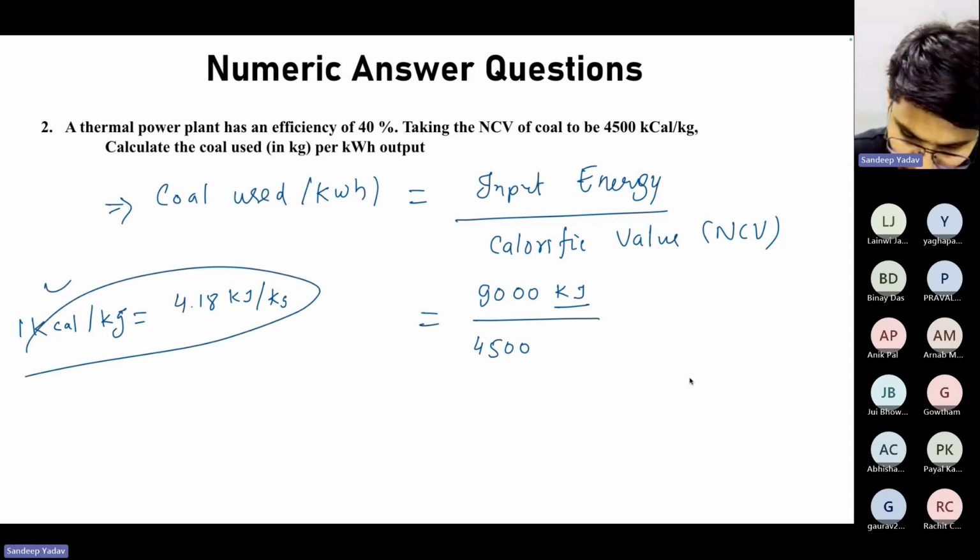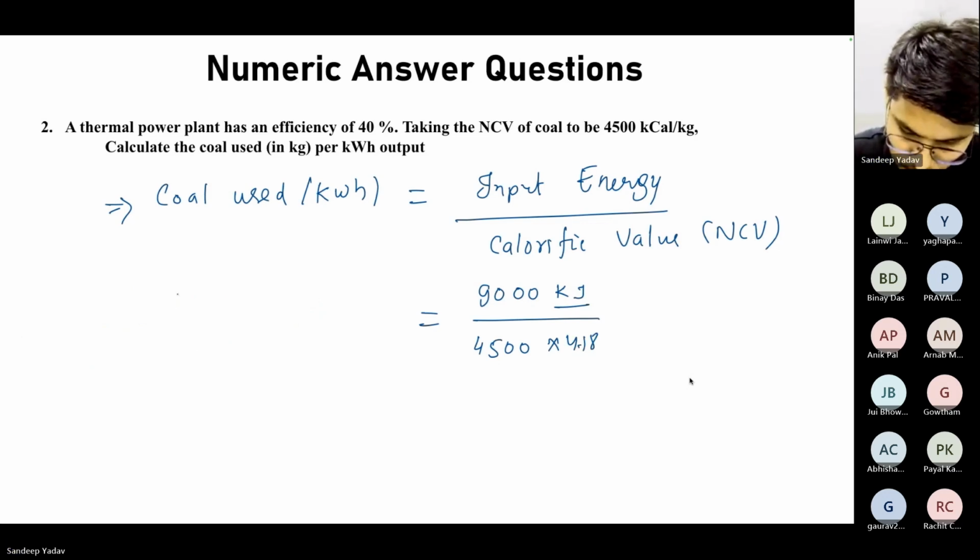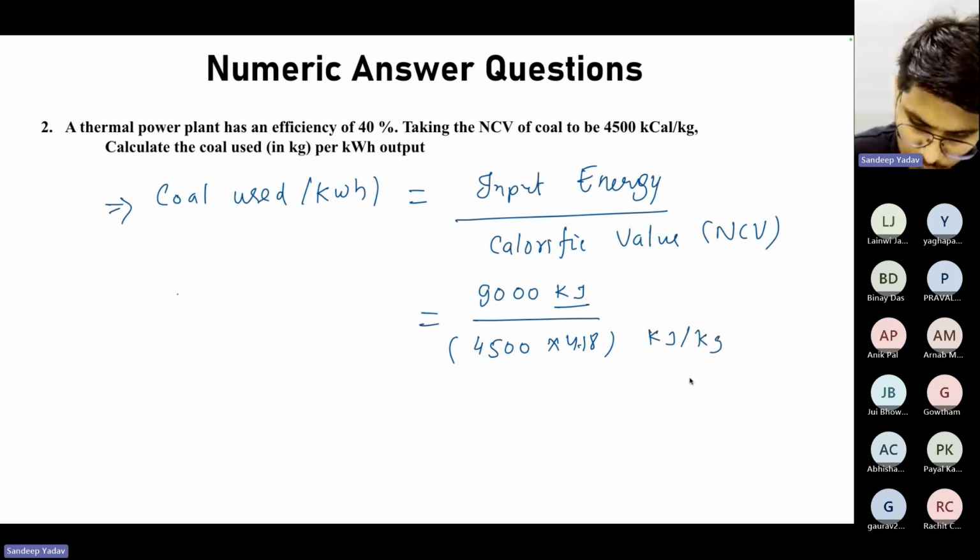That's the conversion factor, so we multiply by 4.18. Now the kilojoule will cancel out.